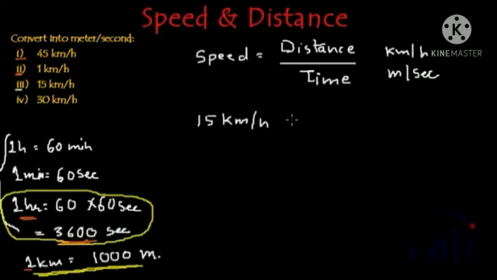15 kilometers, convert kilometers into meters means multiply by 1000. 1 hour we have to convert into seconds. 1 hour is equal to 3600 seconds. So cancel zeros, and 2 5s are 10, 2 18s are 36.